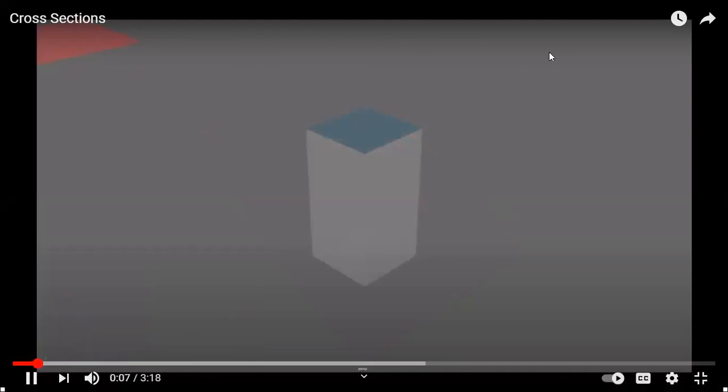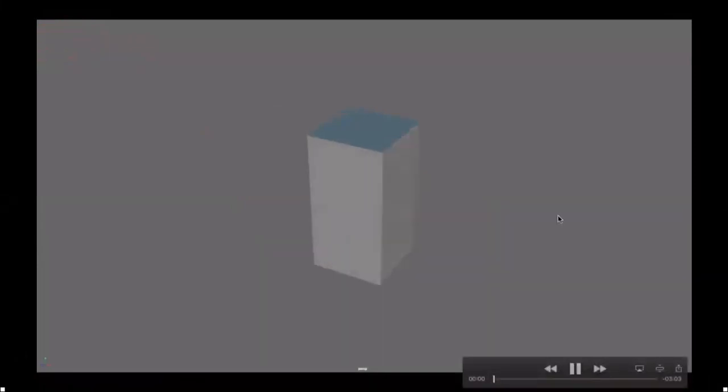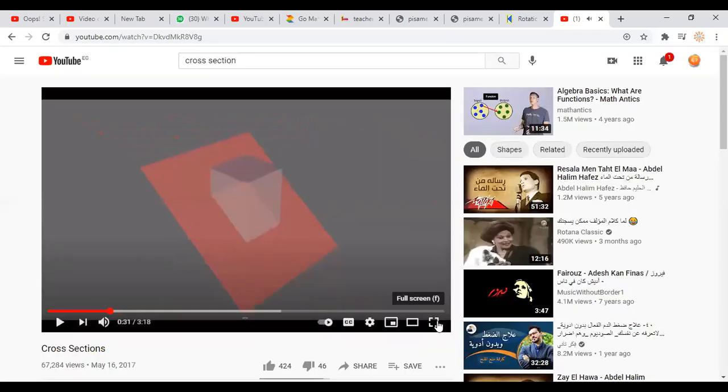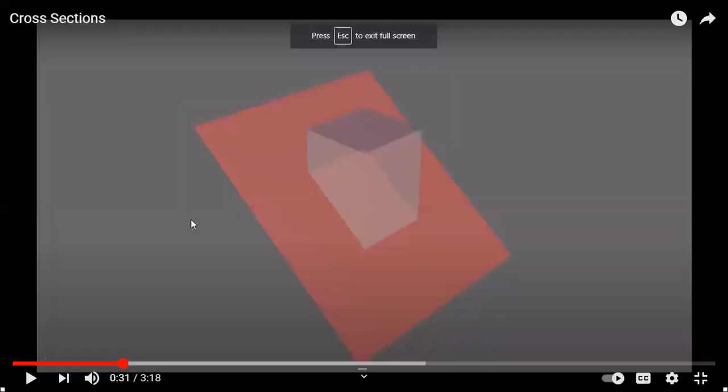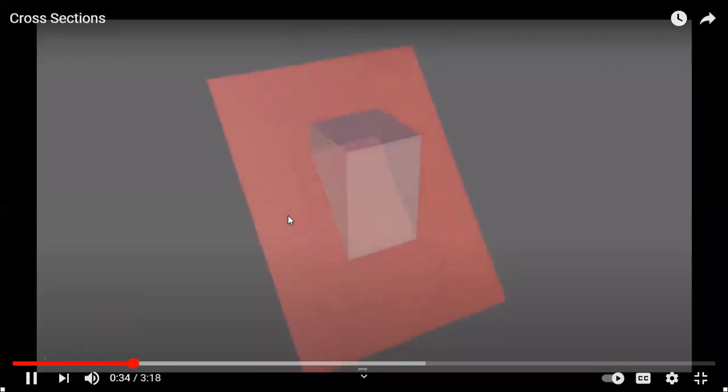We are going to look at the cross section created when a plane intersects a three-dimensional object in various ways. First, we'll start with a square prism. When a plane intersects a square prism parallel to the bases, we see that the cross section is a square. If we tilt the plane up 45 degrees, the cross section becomes a rectangle.